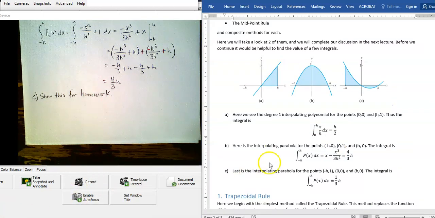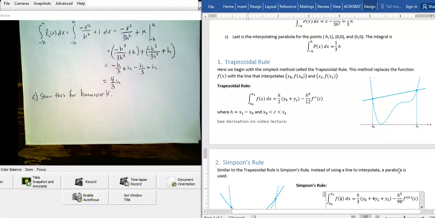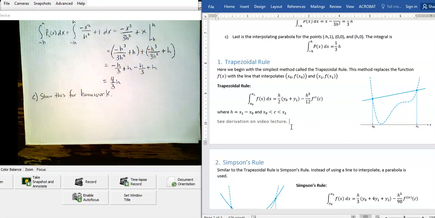All right, so now we'll look at the first method of numerical integration, called the trapezoidal rule. You may remember this if you took a calculus course in high school. What the trapezoidal rule does is basically use a trapezoid to estimate the area underneath a curve. Of course, this is just an approximation.